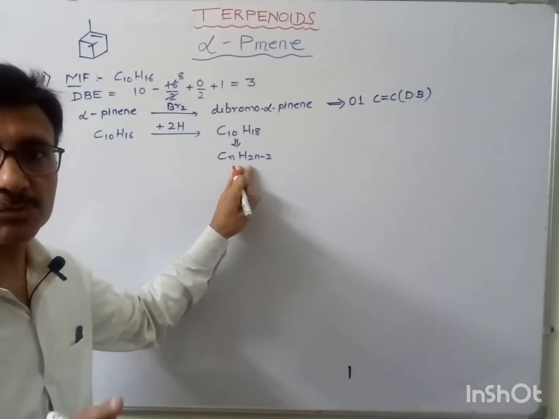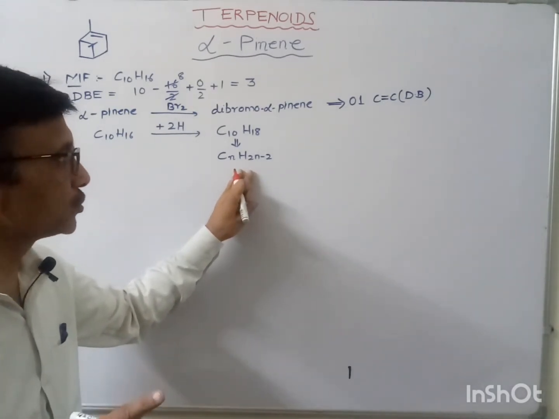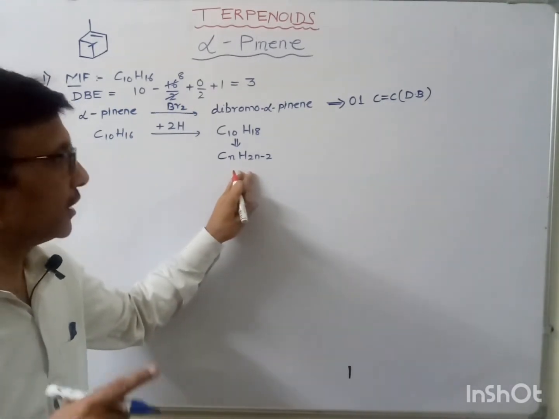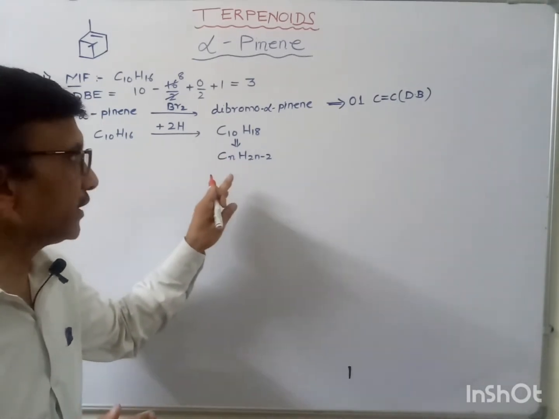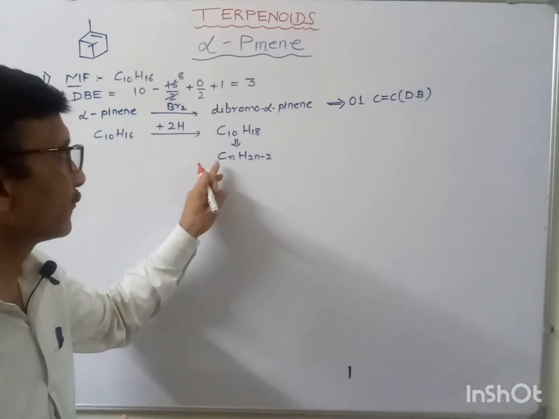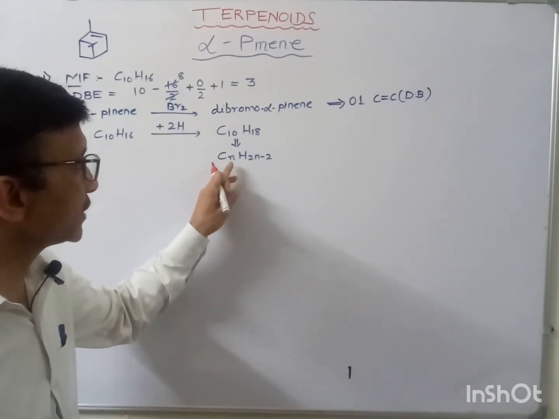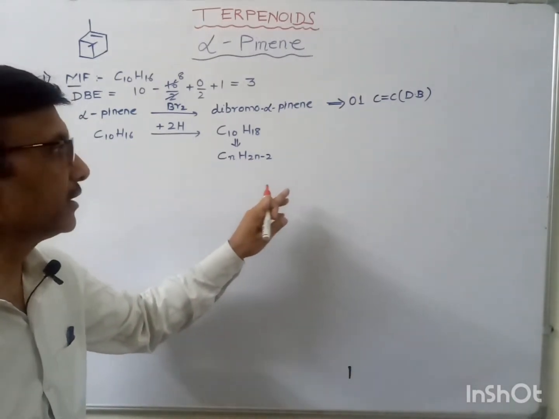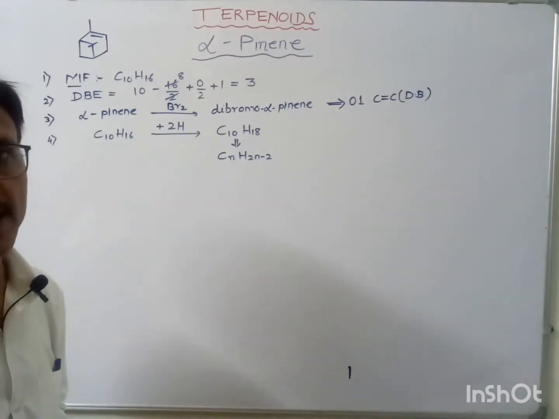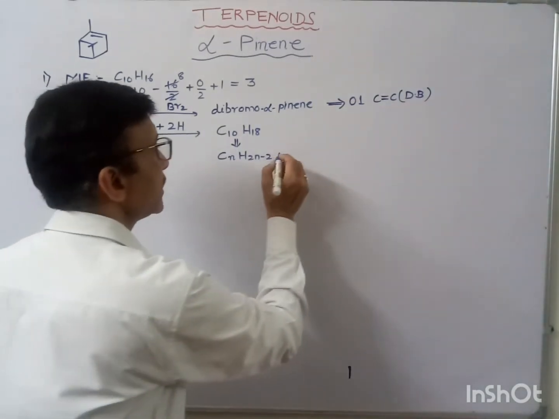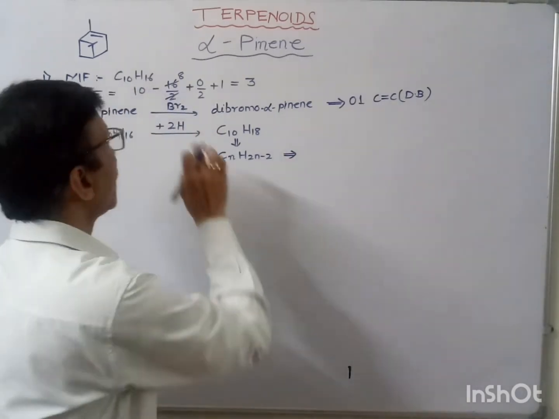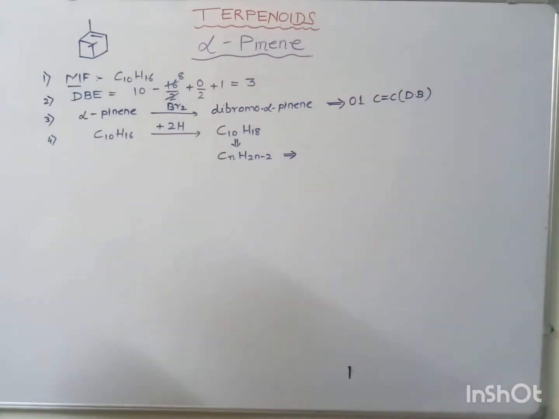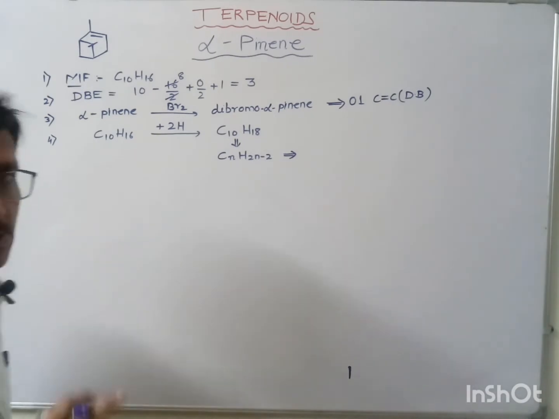If it has the formula CnH2n, then it corresponds to a monocyclic terpenoid, and if the formula is CnH2n minus 2, then it corresponds to a bicyclic terpenoid. So it indicates that this terpenoid, the α-Pinene, is bicyclic.